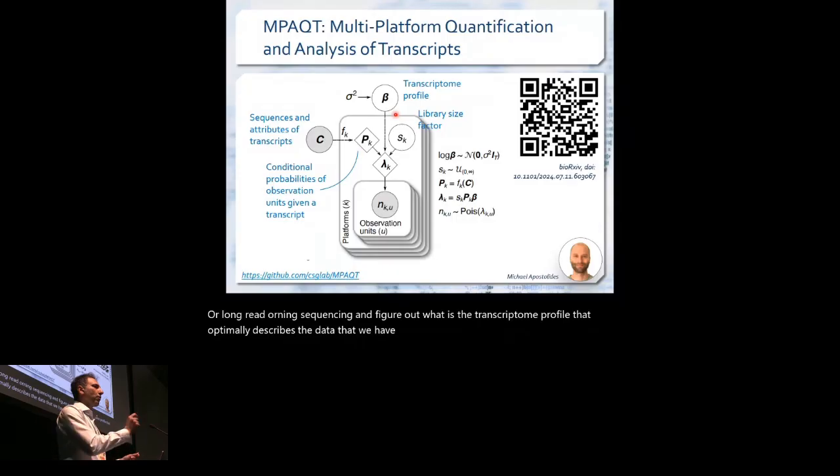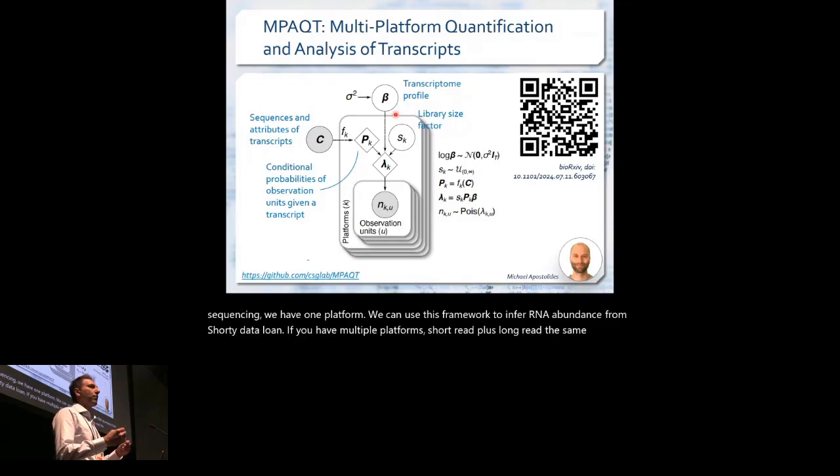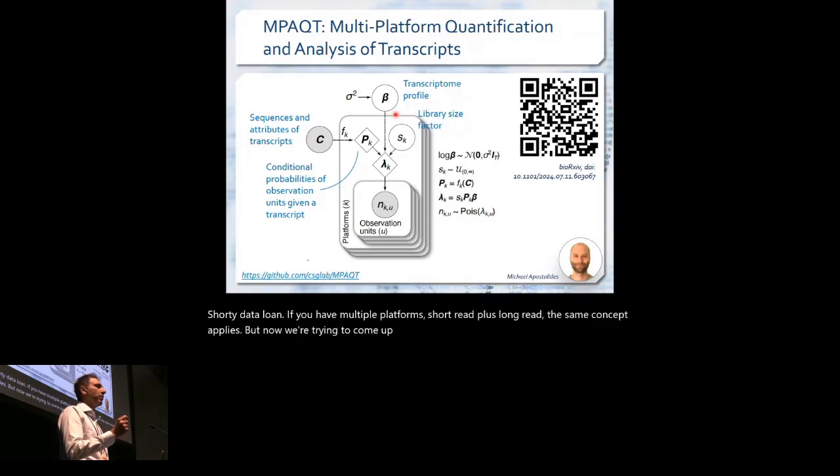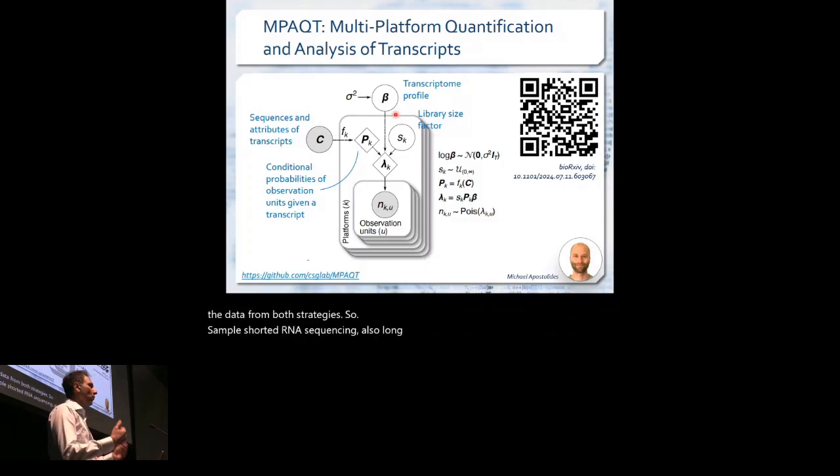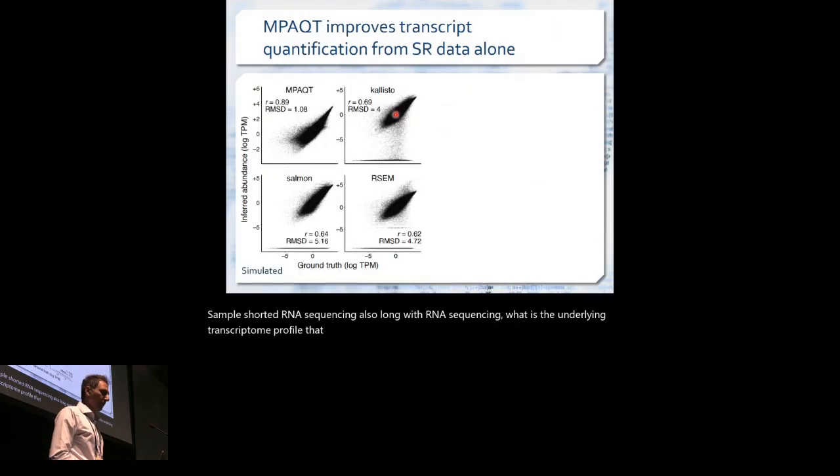If we only have short-read RNA sequencing, one platform, we can use this framework to infer RNA abundance from short-read data alone. If you have multiple platforms, short-read plus long-read, the same concept applies, but now we're trying to come up with one single transcriptome profile that explains the data from both strategies. So one sample, short-read RNA sequencing, also long-read RNA sequencing. What is the underlying transcriptome profile that generated this data?